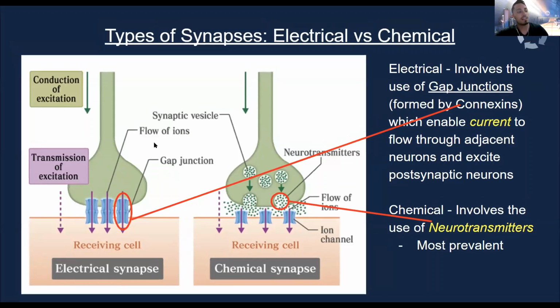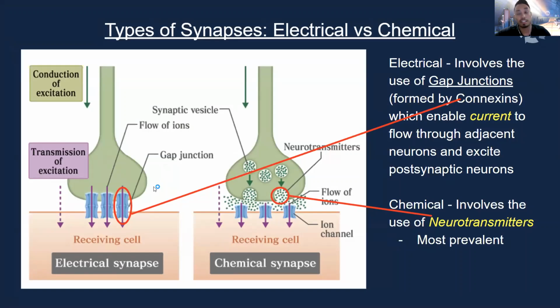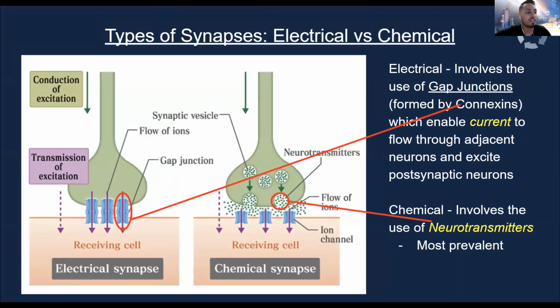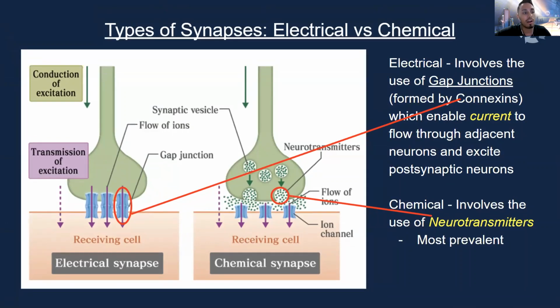I see online it says connexons are formed by connexins. So I guess the connexins are the individual subunits that make that pore, and the connexon would be referring to that whole pore. I hope that helps. And Dundon says connexons are made of connexins. Thank you, Dundon.